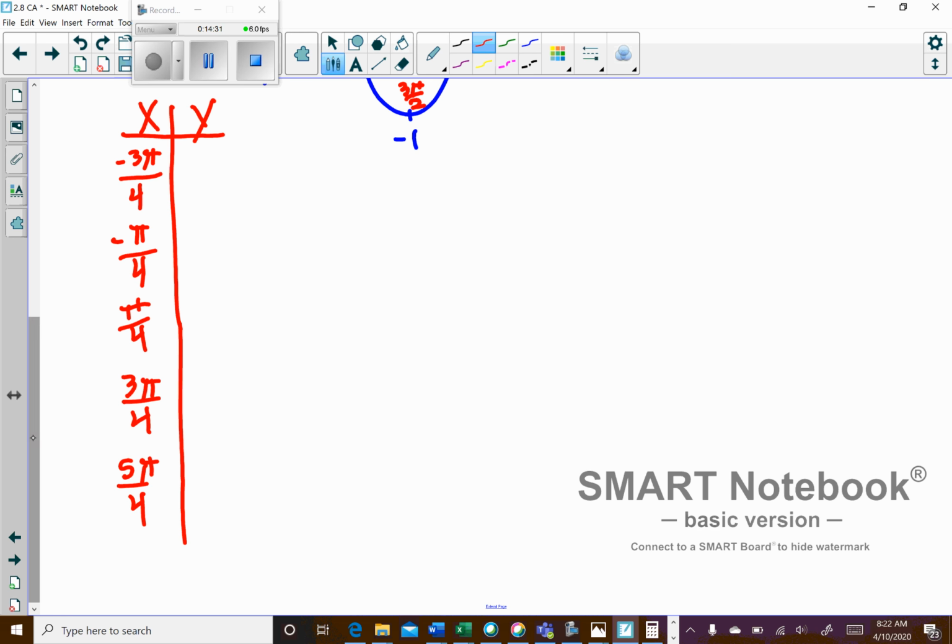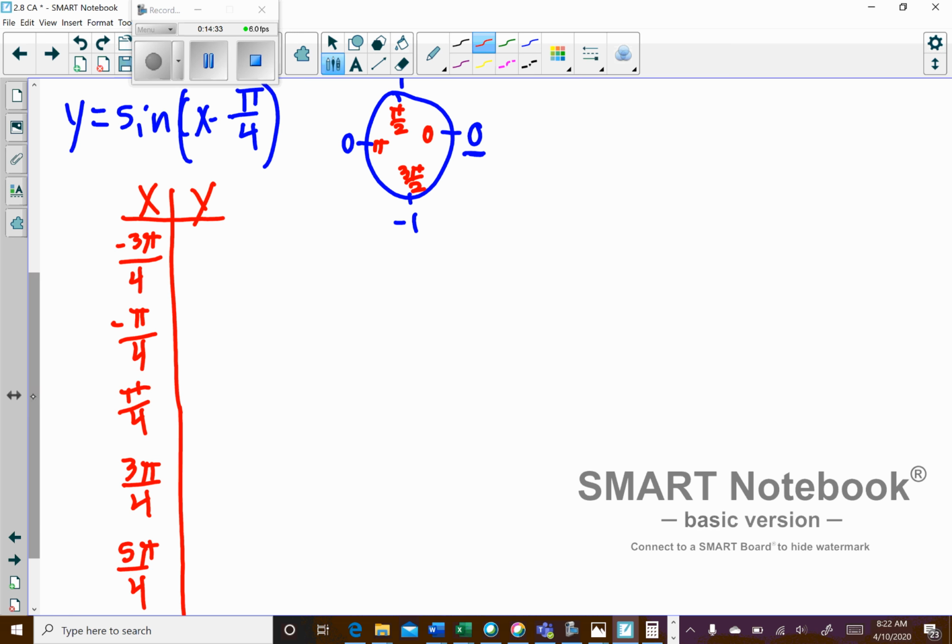Okay, so that might help. Like I said, it's not cheating, it's just making sure you're using the same graphing points that they are, okay?